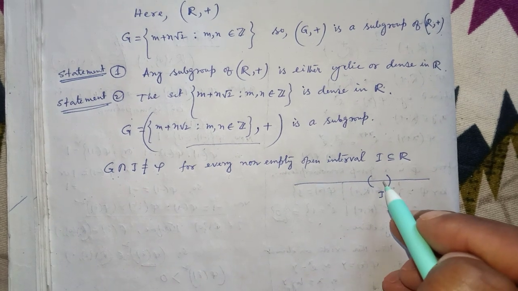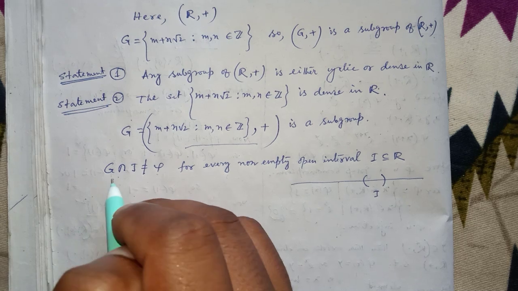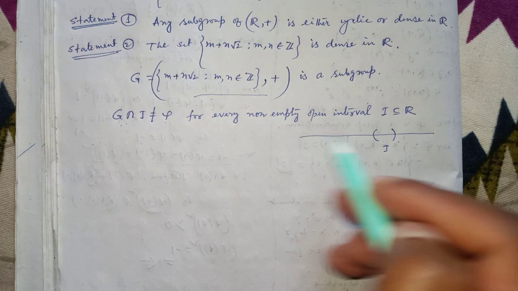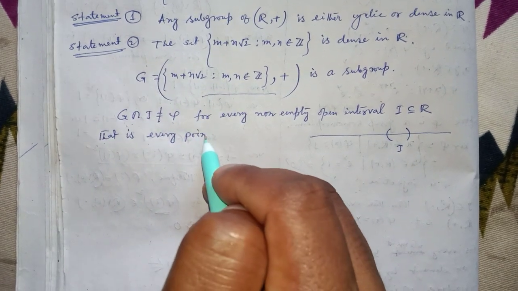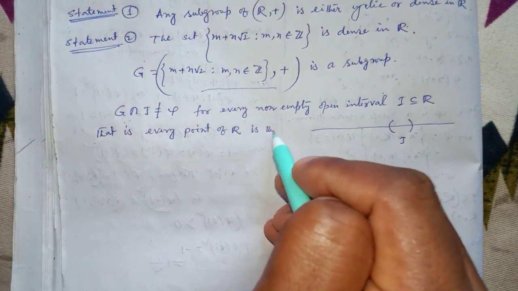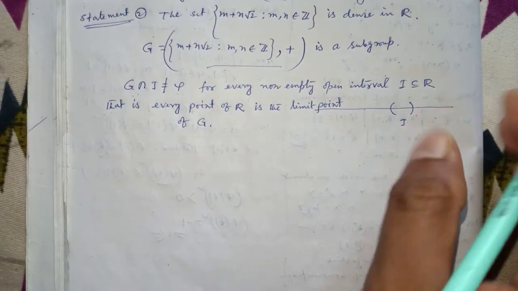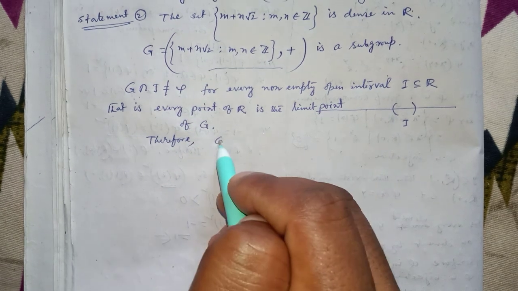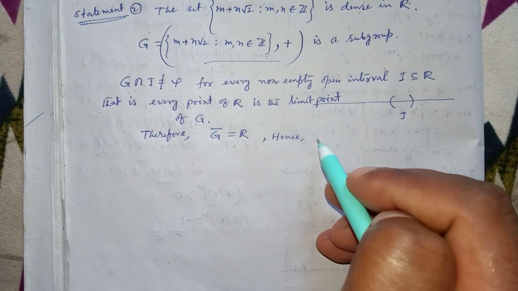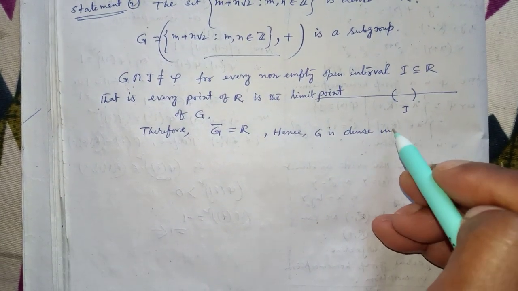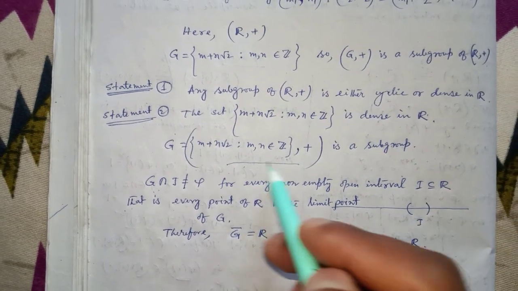That means in every open interval I there exists an element x in G. That is, every point of R is a limit point of G. Therefore the closure of G is equal to R. Hence G is dense in R. Therefore option B is true.